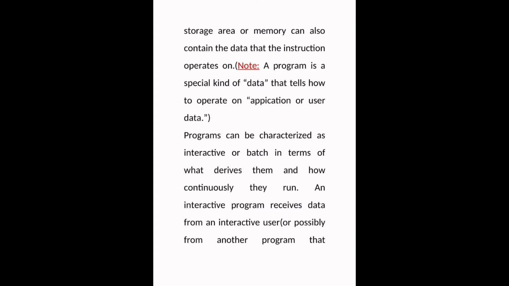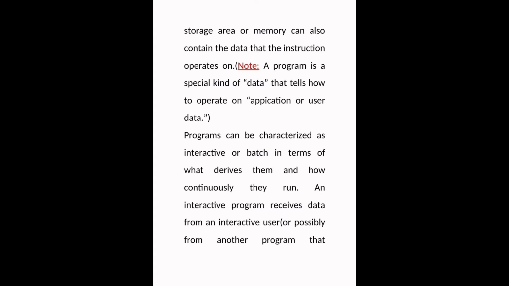For example, we can click the document, then it appears. When we click the document, the program according to that document runs and it opens; it gives the instruction to the document to open, then the computer opens it.